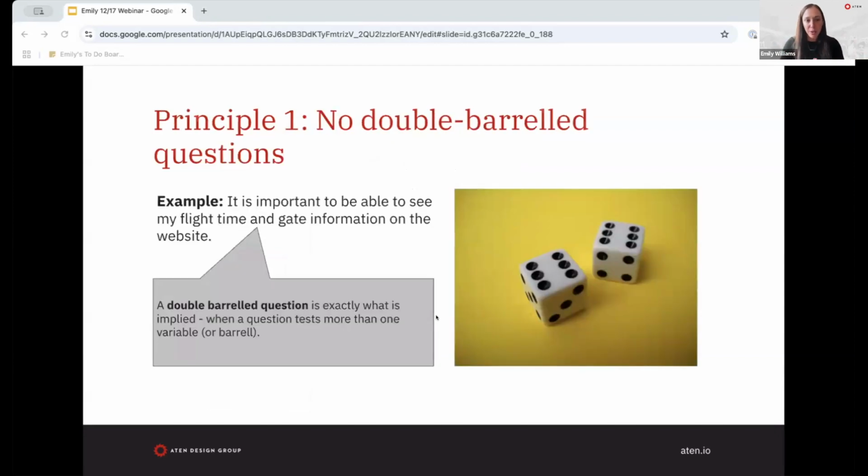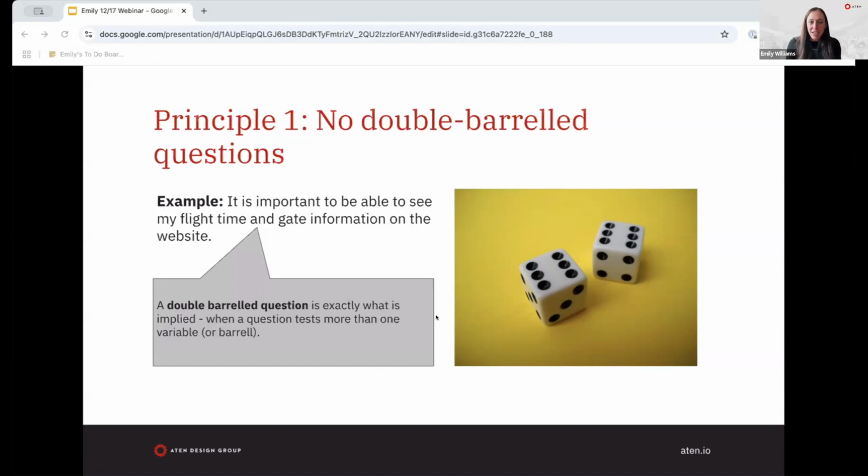The first principle of writing questions is a matter of, let's call it barreledness, or testing too many variables in a question. So a double-barreled question is exactly what is implied: two barrels, or two different variables, shoved into one question. So you can see here, "It's important to be able to see my flight time and gate information on the website."